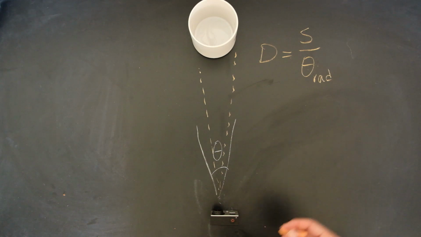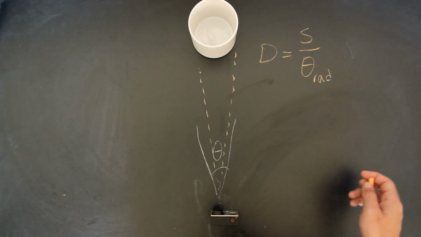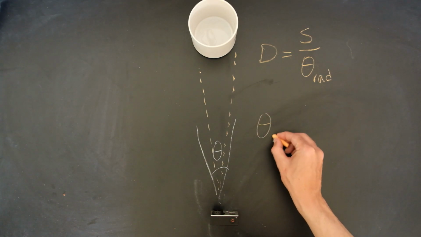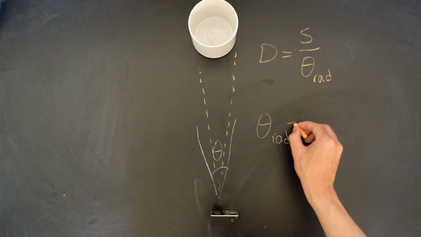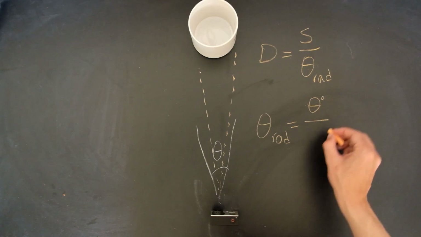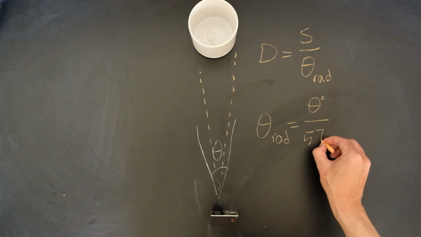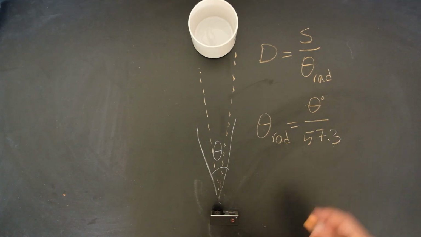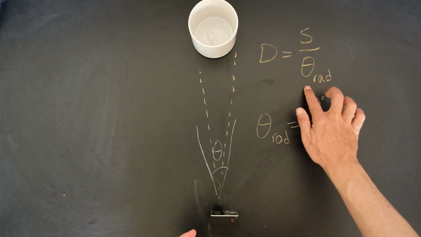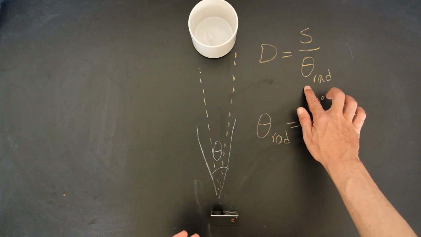But we usually measure this angle in degrees. So theta in radian is theta in degrees divided by 57.3. So you have to convert theta from one unit to another unit.